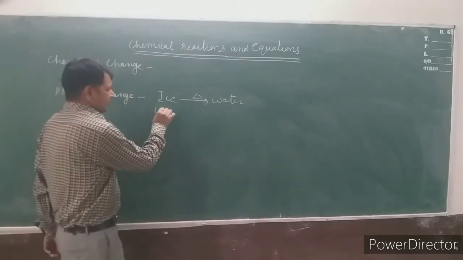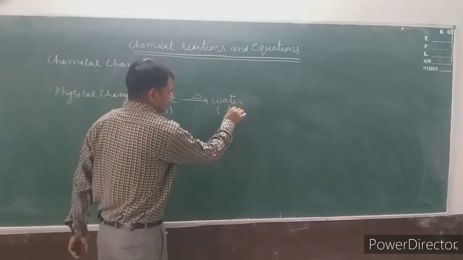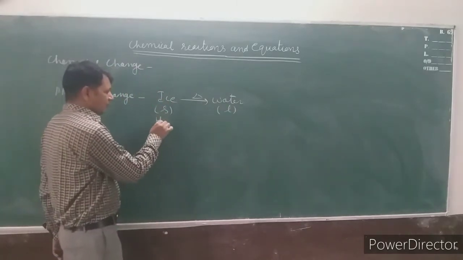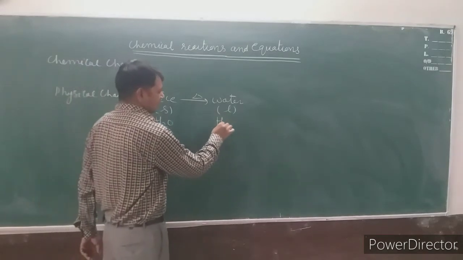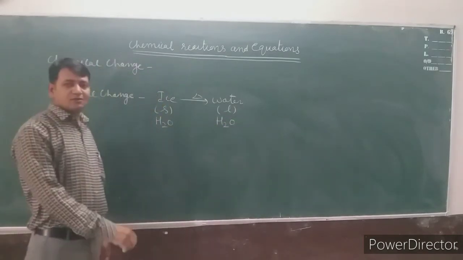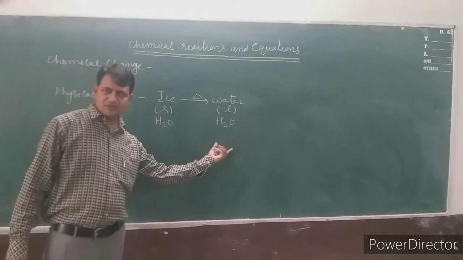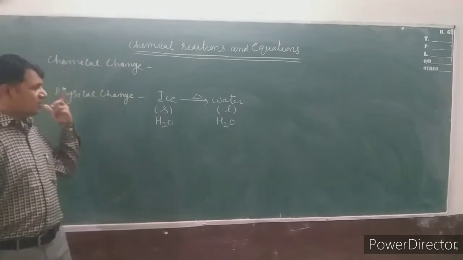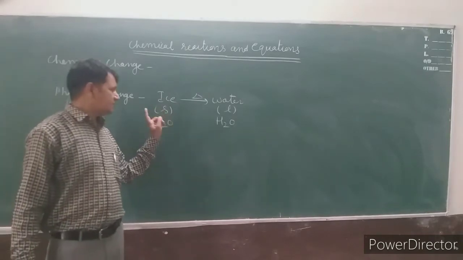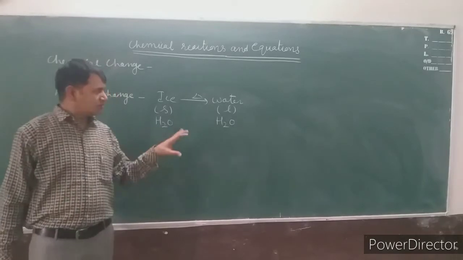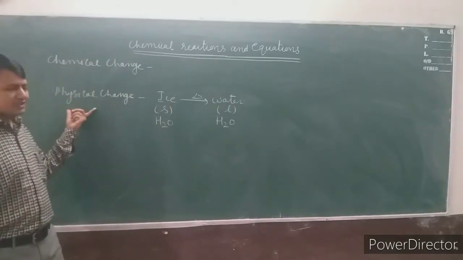The physical state of ice is solid and that of water is liquid. The chemical formula of ice is H2O, and the chemical formula of water is also H2O. It means chemically there is no formation of new substances in a physical change, only the physical state changes, solid to liquid, liquid to gas or any other. This type of change is known as physical change.